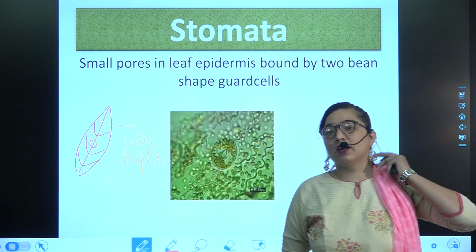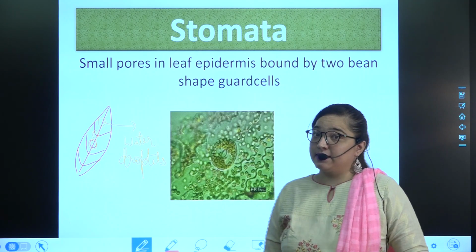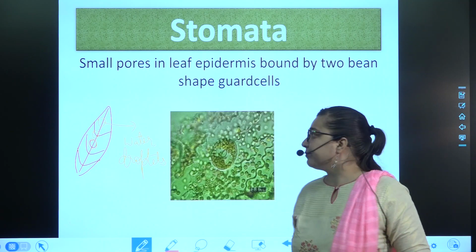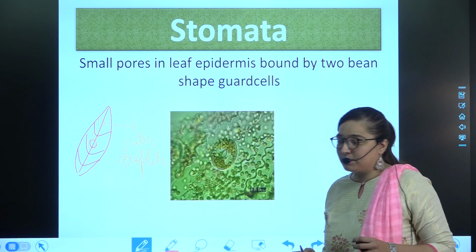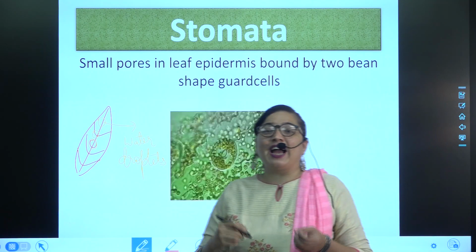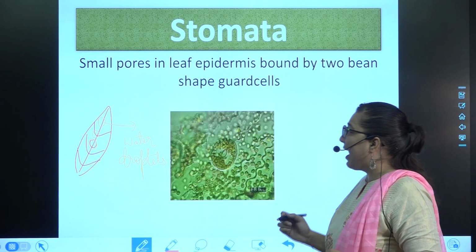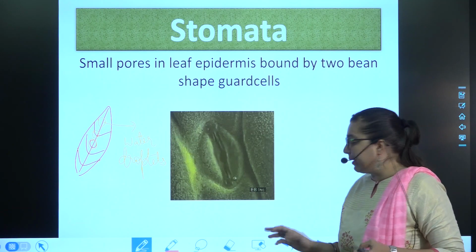Now what is the reason why these water droplets are there? These water droplets are actually because of stomata. Stomata is something which helps in the gaseous exchange. It opens up and it closes, and ultimately it is helping in the movement.